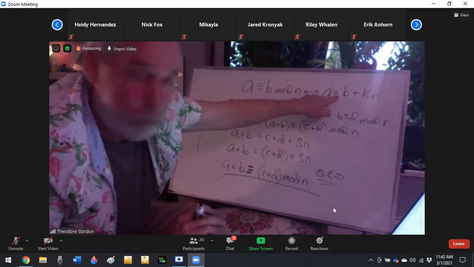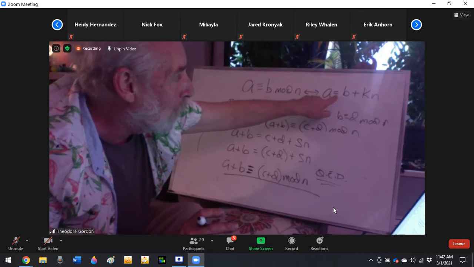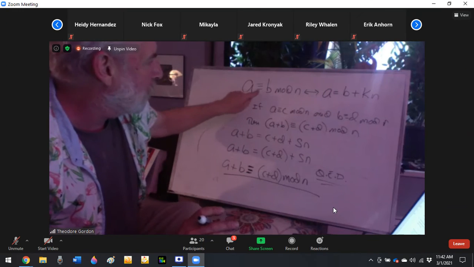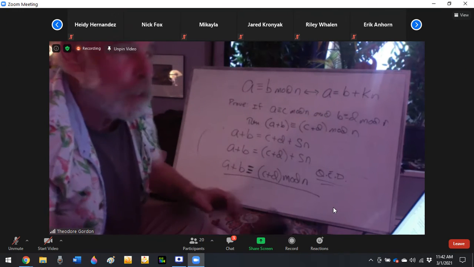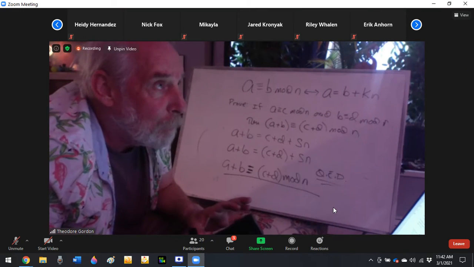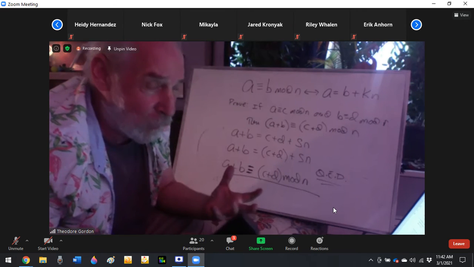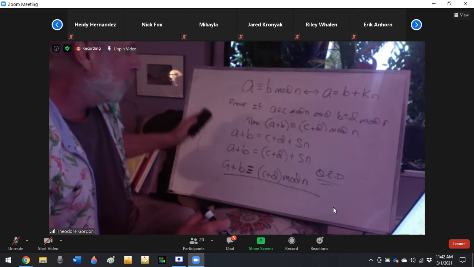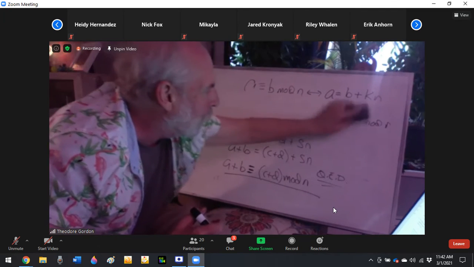It's always correct to use the 3-bar equal, but it's not always correct to replace it with a 2-bar equal. That goes back to the question on that test: what's the difference between equal and equivalent? That's a very important subtlety.